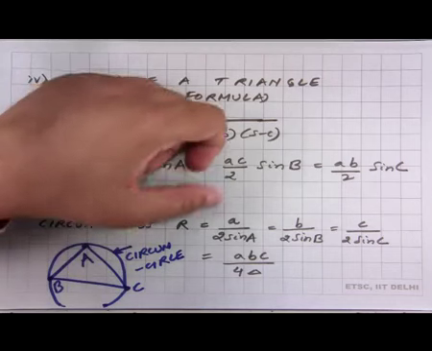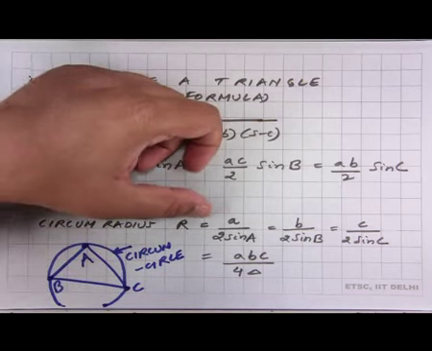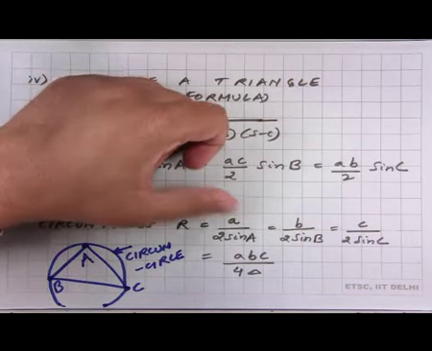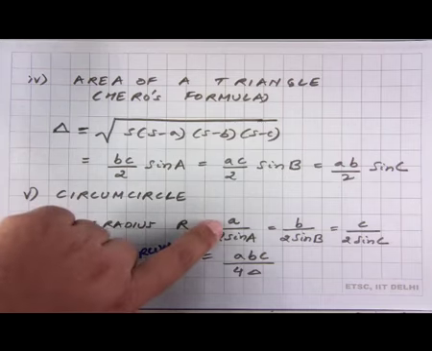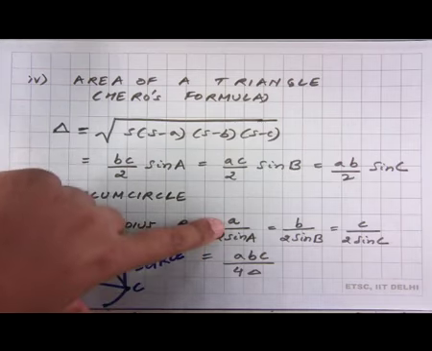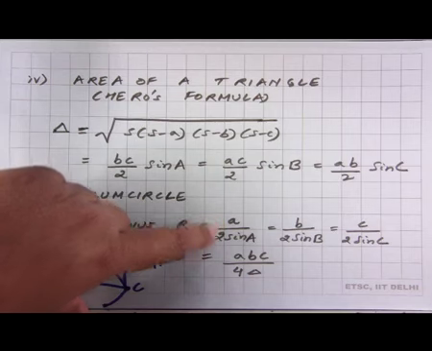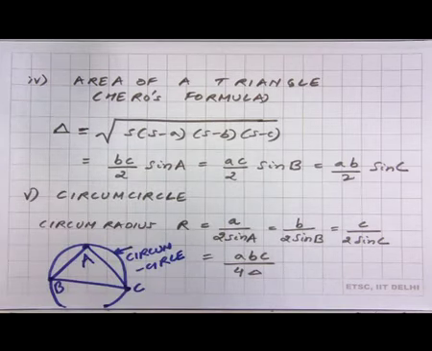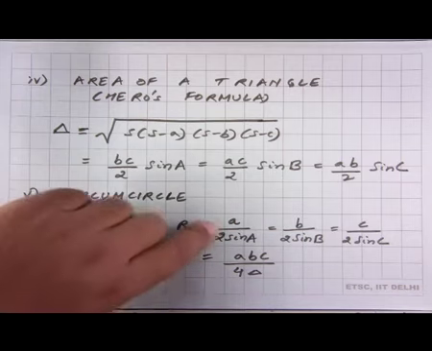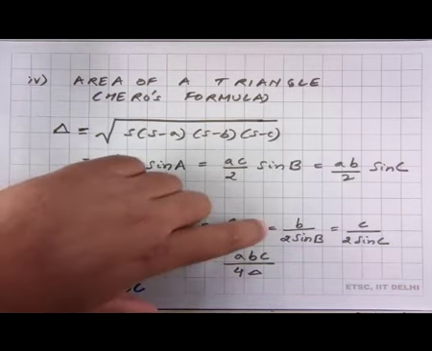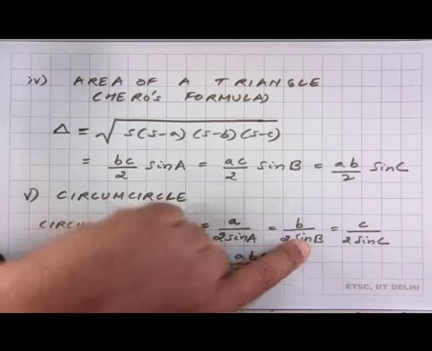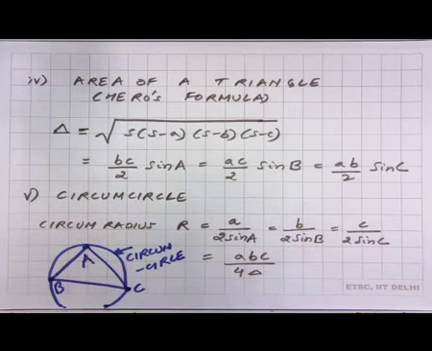We had also shown that the circumradius R is equal to any side divided by 2 times the sine of the corresponding angle. So, it is equal to a divided by 2 sin A, which is equal to b upon 2 sin B, which is equal to c upon 2 sin C.